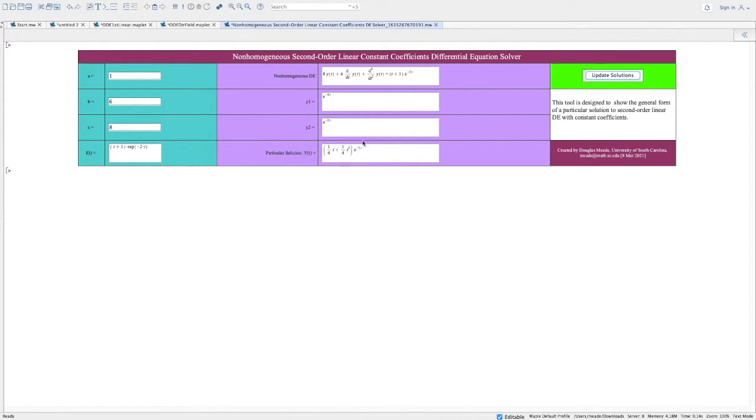And again, I get the increased power of t there because I would not guess the solution in the homogeneous solution. So I get one higher degree there.